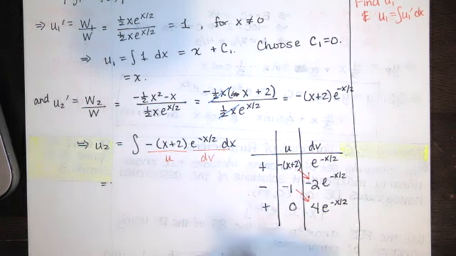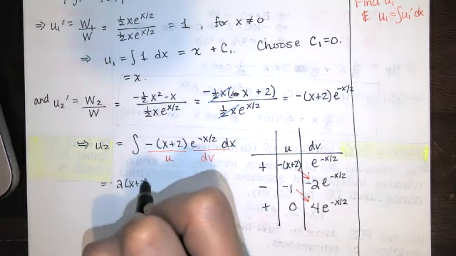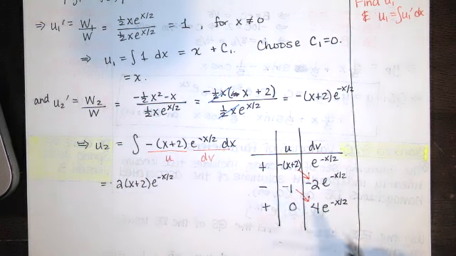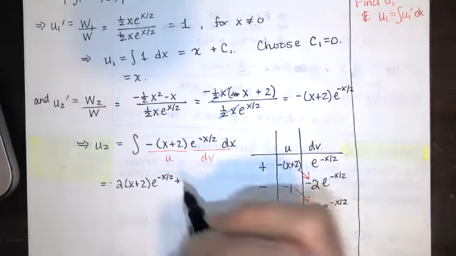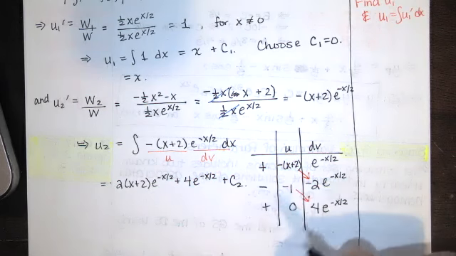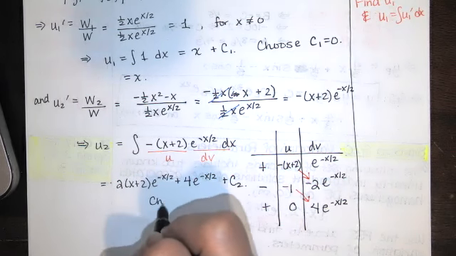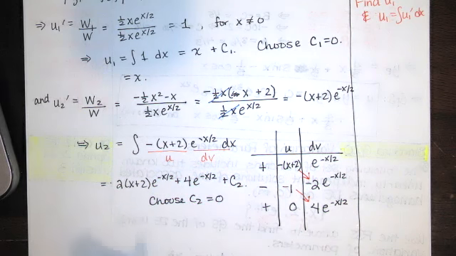So we're going to get this times this, negative times negative is going to give me a positive. Minus this times this. So minus a negative is going to be a positive as well. Plus C2, you're going to choose C2 to be 0 because we don't want a constant times y2 as part of our y sub p.